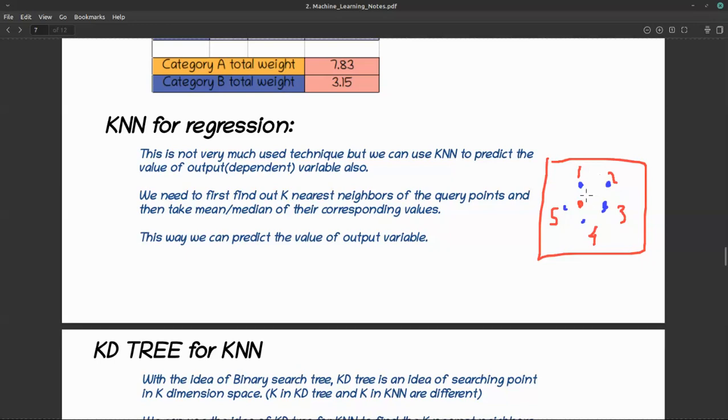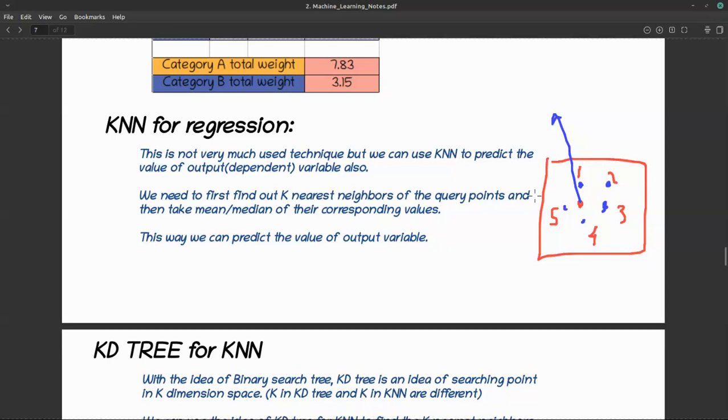Correct? So I will take the average of all these 5 and I will say this is the average of this data point. So this is nothing but what we are doing. We are doing regression. What's the difference between classification and regression? If you are calculating the class label of your data point, right? It's nothing but classification.